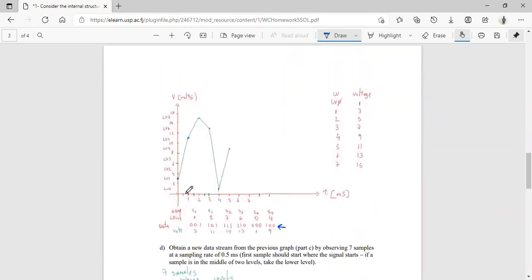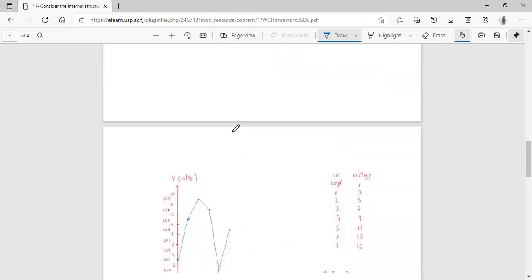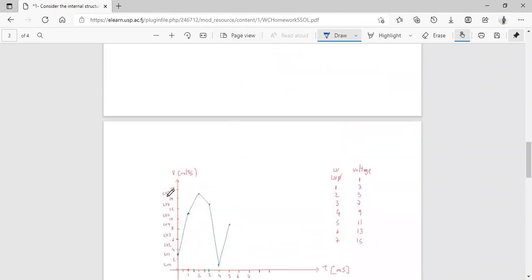So I'll start from level 0, the next level will start at 2 volts, and the next one will start at 4 volts. So I'll divide this axis at intervals of 2 volts each until I'm able to represent the 8-level PCM. So an 8-level PCM will start at level 0 and go up till level 7.